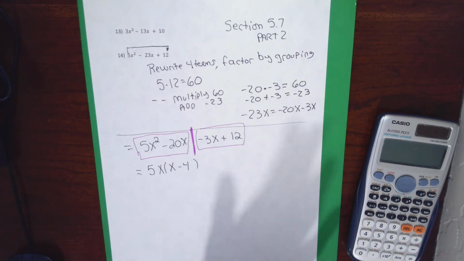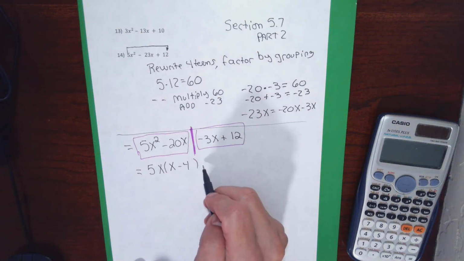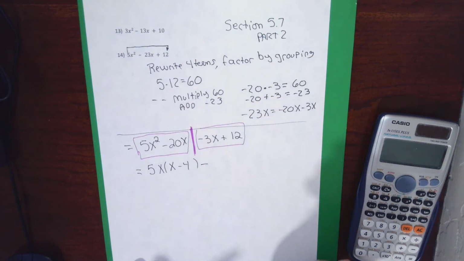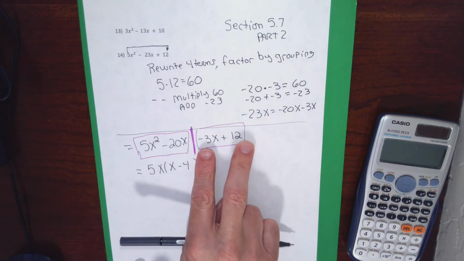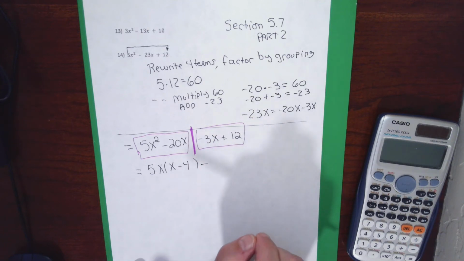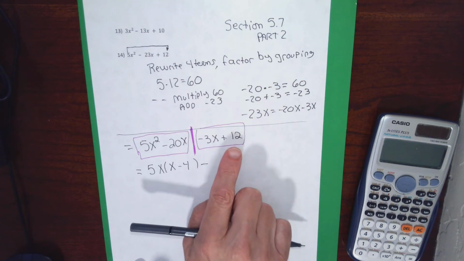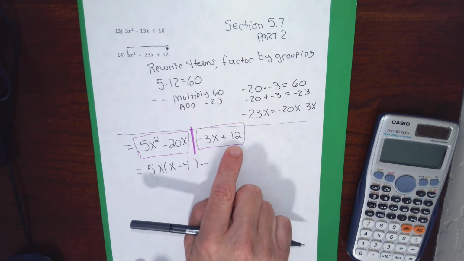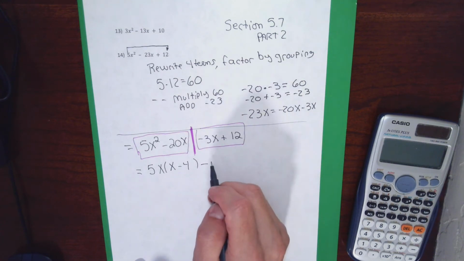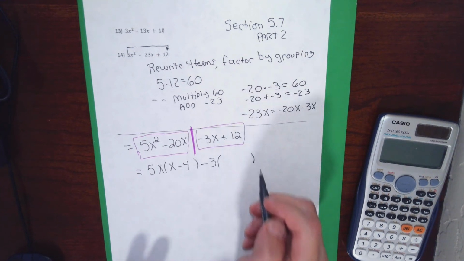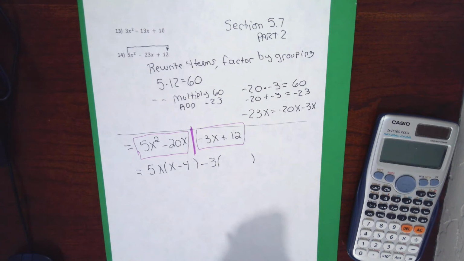To the right of my bar, it's more complicated. The first term is negative, so I need to factor out a negative. Both terms don't have an x, so I don't get an x for my common factor, but 3 goes evenly into 3 and 12, and it's the biggest number that goes evenly into 3 and 12. I'm going to put a minus 3 in front of the parentheses I create for factoring out the common factor of minus 3x plus 12.